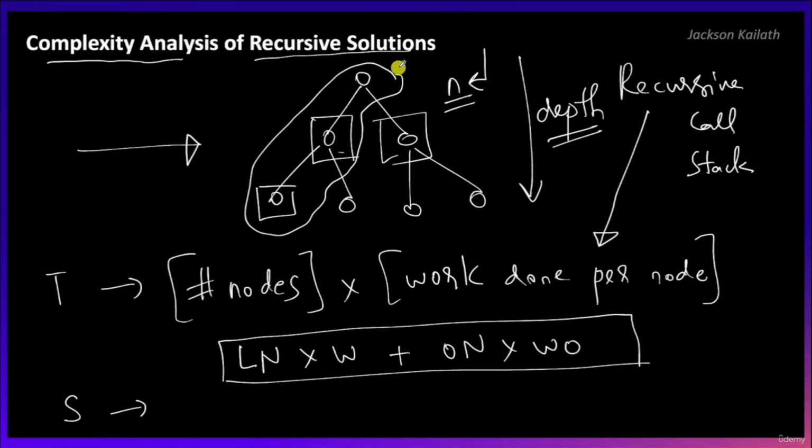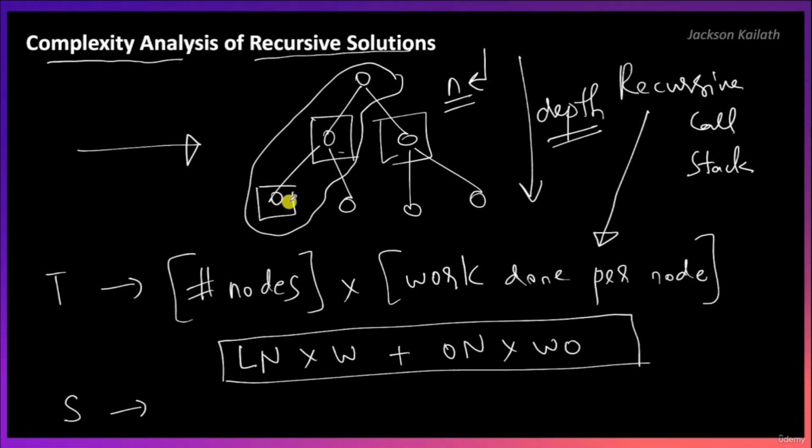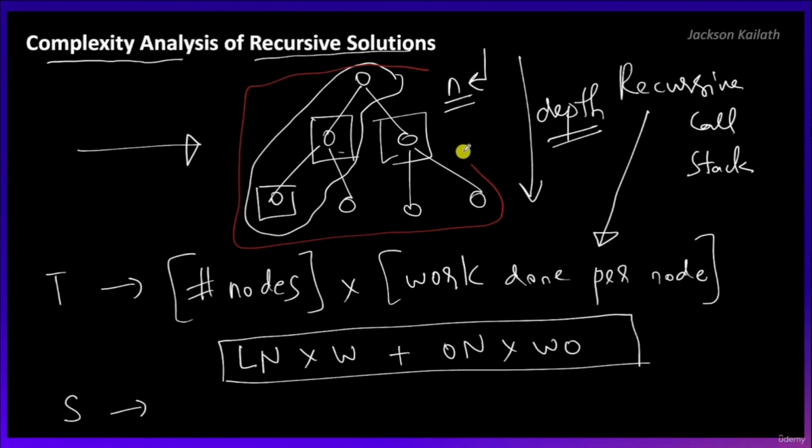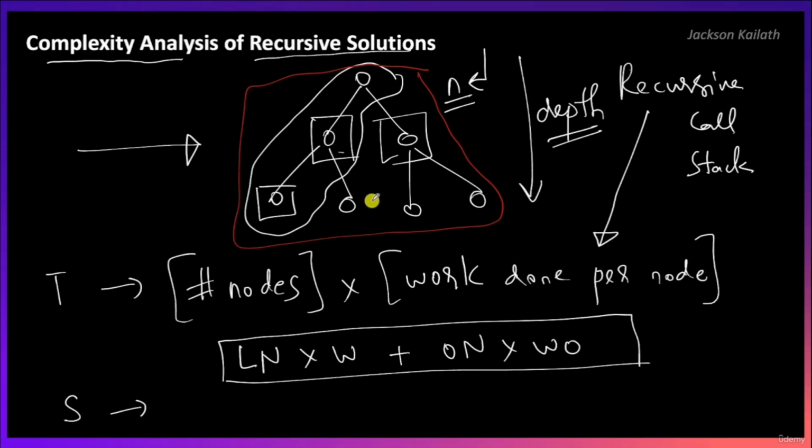The recursion tree will help you understand this because these would be the maximum number of calls on the recursive call stack at any point of time. So notice how drawing the recursion tree is extremely useful to find the time and space complexity of recursive solutions.